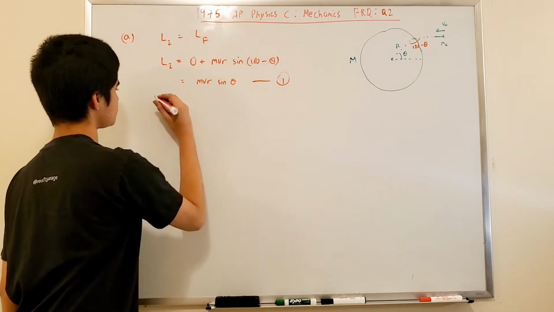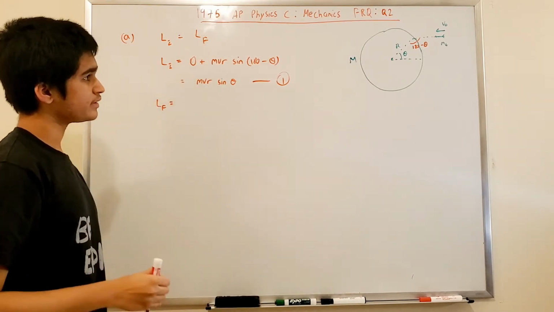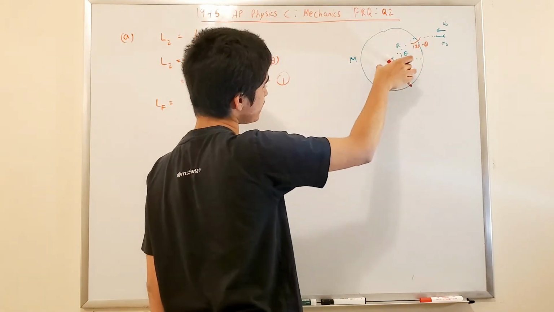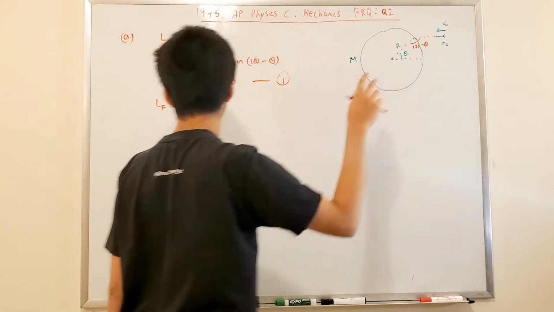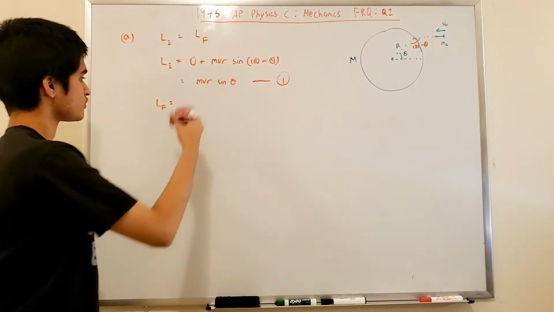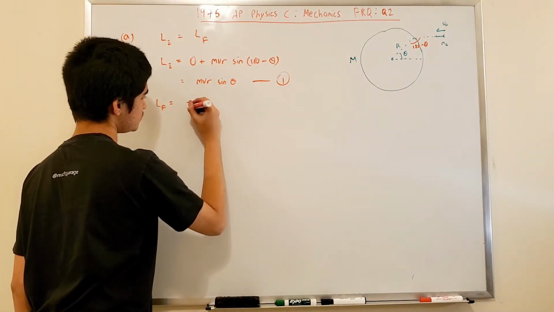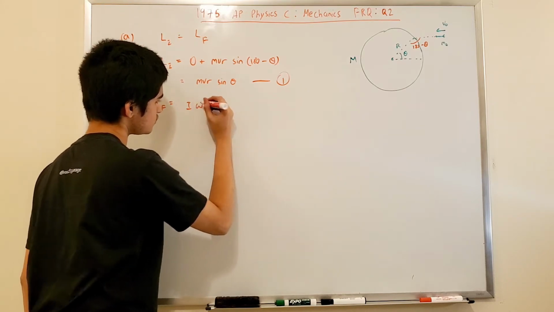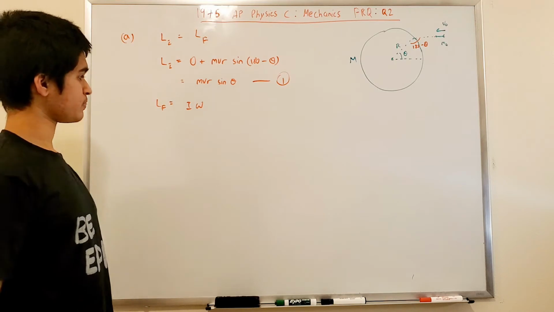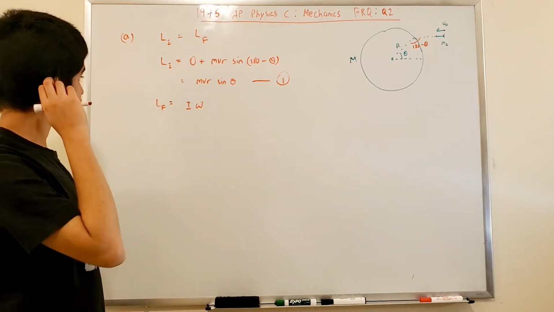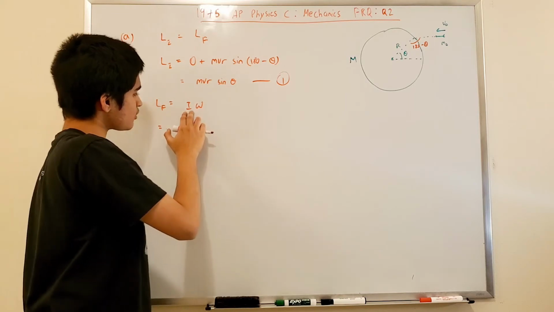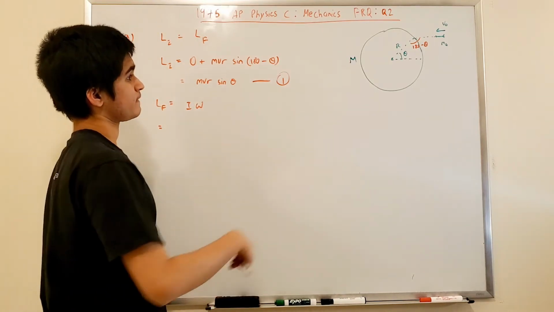Our final angular momentum is that the tire is now rotating with the bullet stuck onto it. So that's going to be our moment of inertia times the angular speed of the tire. Now, let us think about what our moment of inertia is.